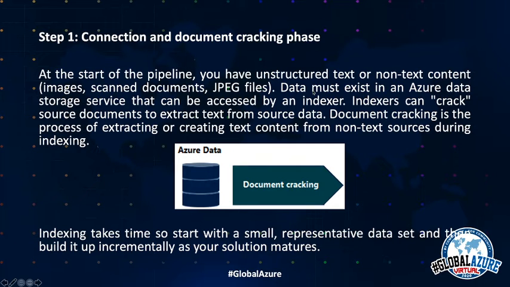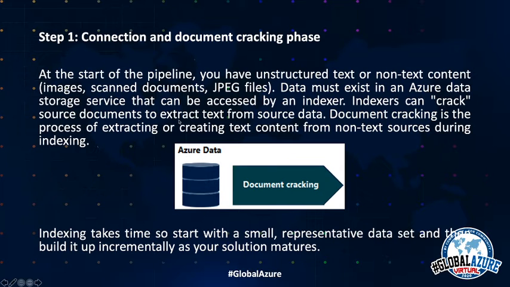It should be stored somewhere Azure can see, such as a database or blob storage, for instance. That's the one we are going to use, because the indexer requires a connection to this part of Azure. Then the indexers can start with this cracking process.